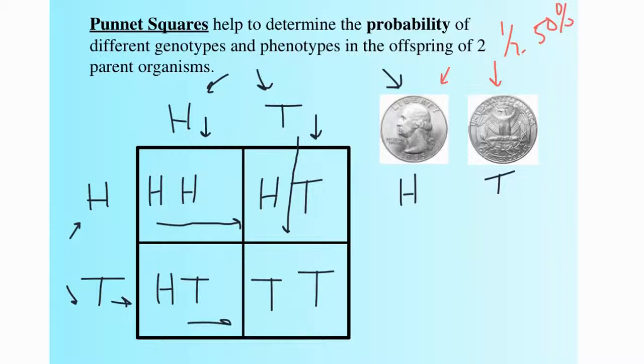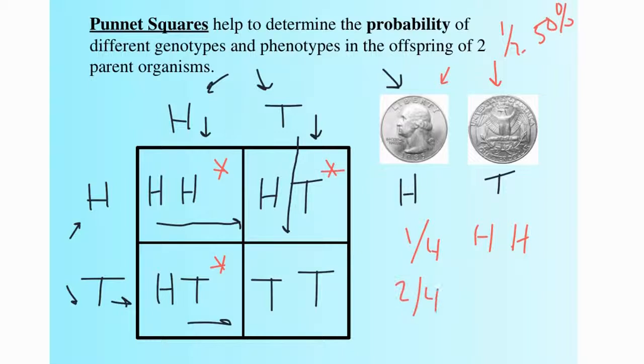Now all you do is count them up. What are the chances of both quarters being heads? Well, there's one that's heads, and that's it. 1 out of 4 chance you will get both of them heads. What are the chances of getting 1 heads and 1 tails? Well, there's 1 right there, and 1 right there.